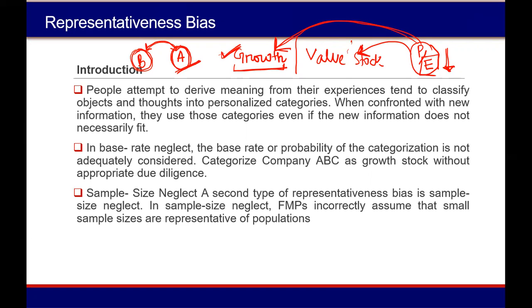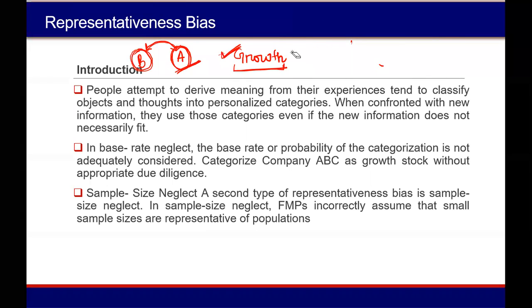You can find an alternative way of looking at stock A for making inclusion in the growth and value stock. If you do this without making thorough analysis or due diligence, you may mistakenly think that stock B is representative of stock A.